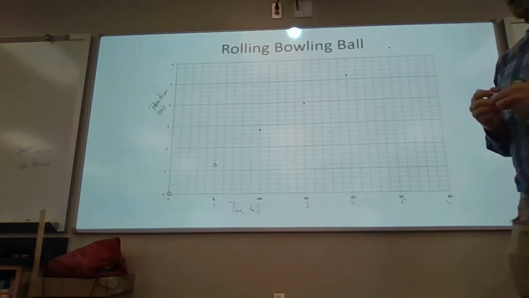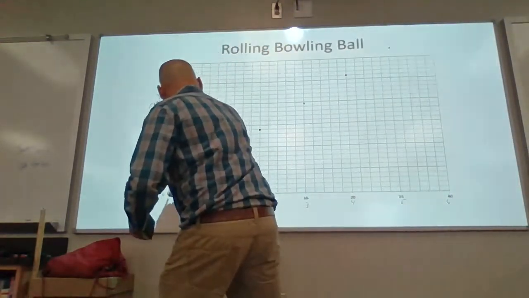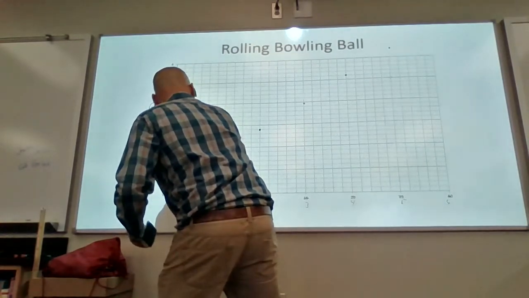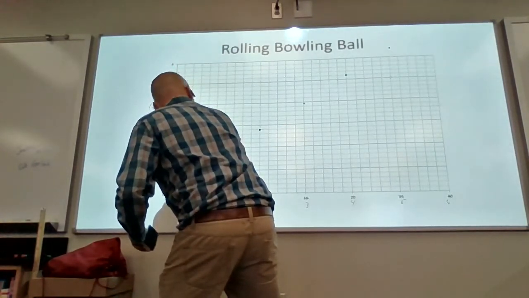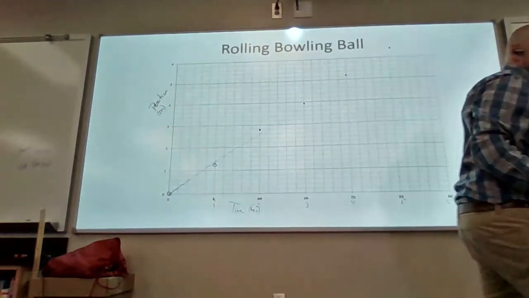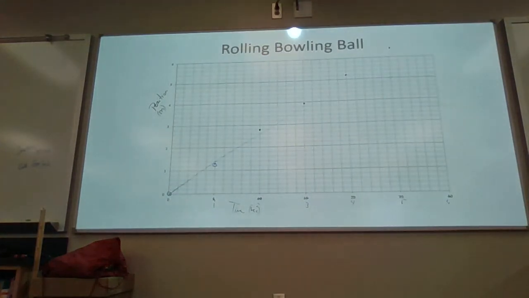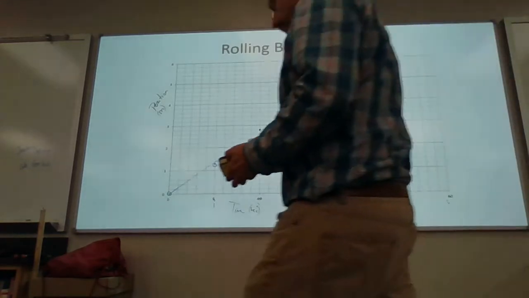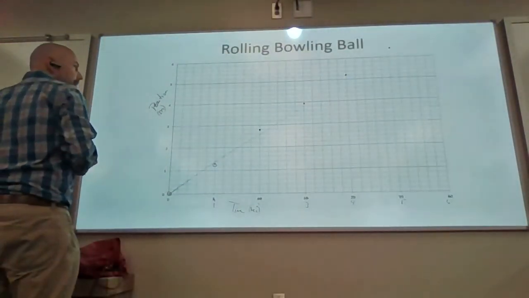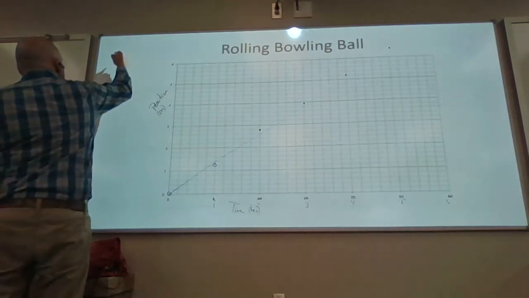Draw best fit line. Use a straight edge. Ish. We'll go with it. Okay, so let's pretend I did that with a straight edge. Okay, best fit line. Now, slope.